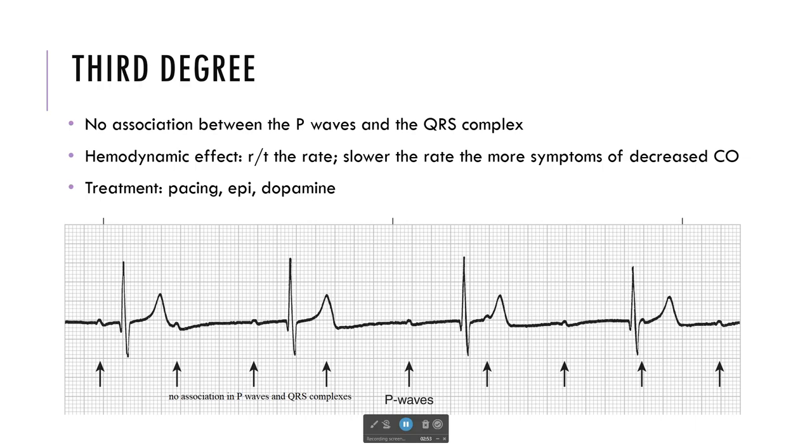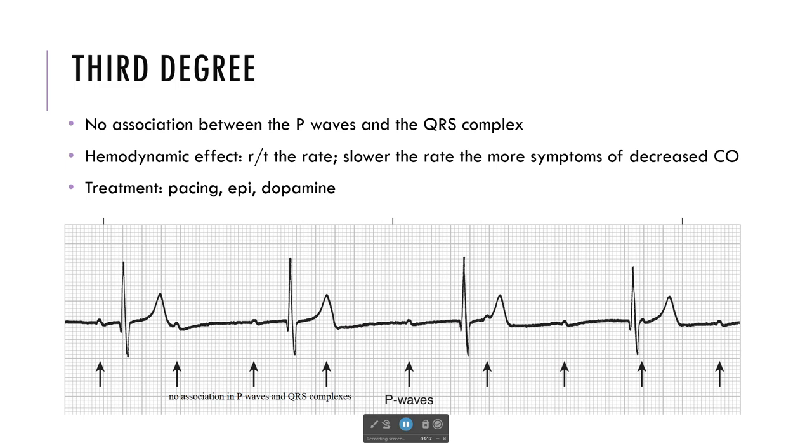And then pacing. And we actually have three kinds of pacing we can do. We can do transcutaneous pacing, which is taking our unit that we tend to call a defibrillator and turning it over to pacing, taking those pads and putting them on the chest. Anterior posterior works better, but we can just do anterior and turn it to pace and pace through their chest wall.